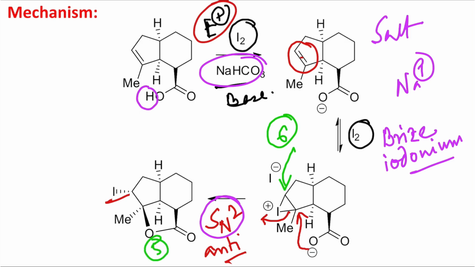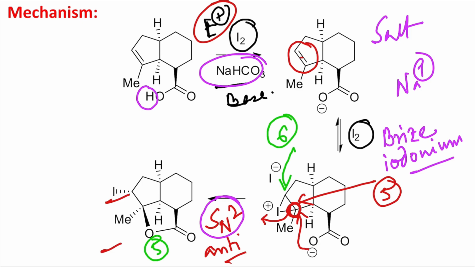So why didn't the reaction happen here? Because, remember, according to Baldwin's rule, the formation of the 6-member ring is disfavored. The reaction will happen to give the 5-member ring, so it doesn't matter that much what the steric crowding of the electrophilic center is, because it will eventually result in 5-member ring formation. So that's why the reaction will happen.